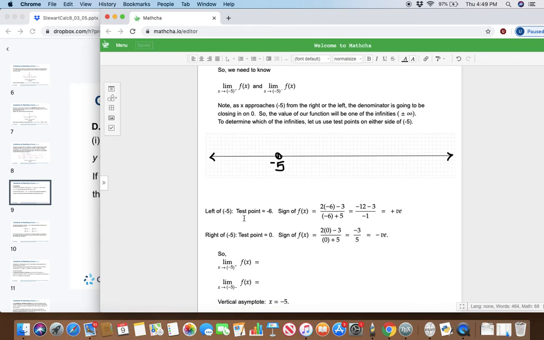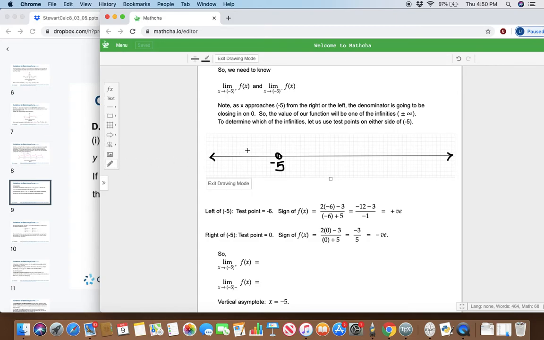So I need to use test points. To the left of -5, I take test point -6 and plug it into f(x). Wherever I see x, I plug in -6. Numerator seems to be negative, denominator is also negative, so this is positive. So when I come from the left, I am going to go to positive infinity.